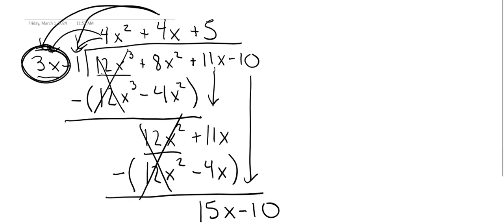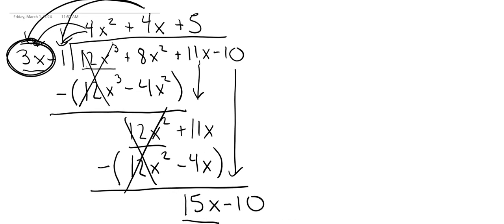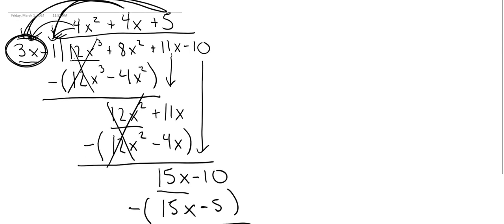And so last iteration of this, we subtract out. We have our 15x that we found from the 5 times 3x. And we also have 5 times -1, so minus 5. We subtract out, and our answer is -10 minus a -5, or -10 plus 5 gets me -5.